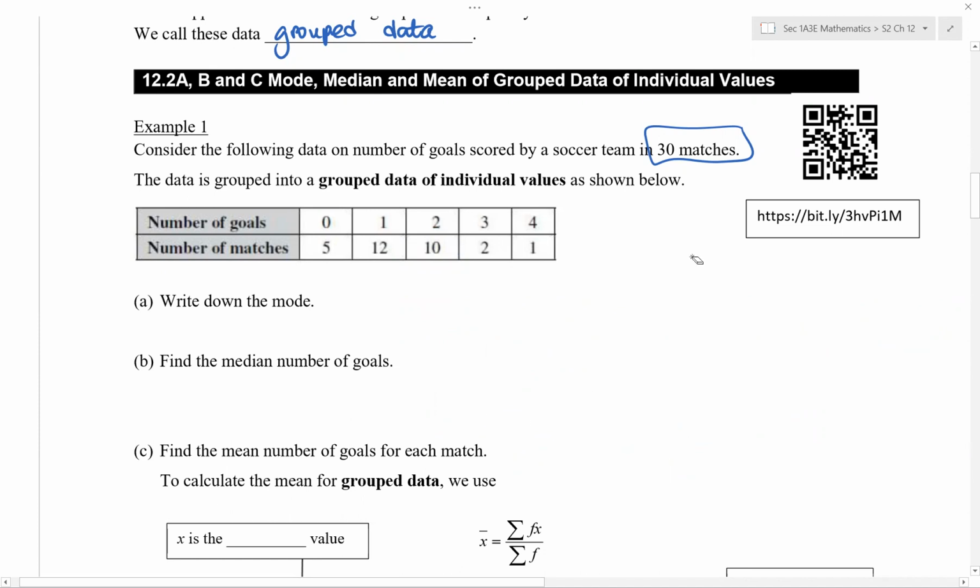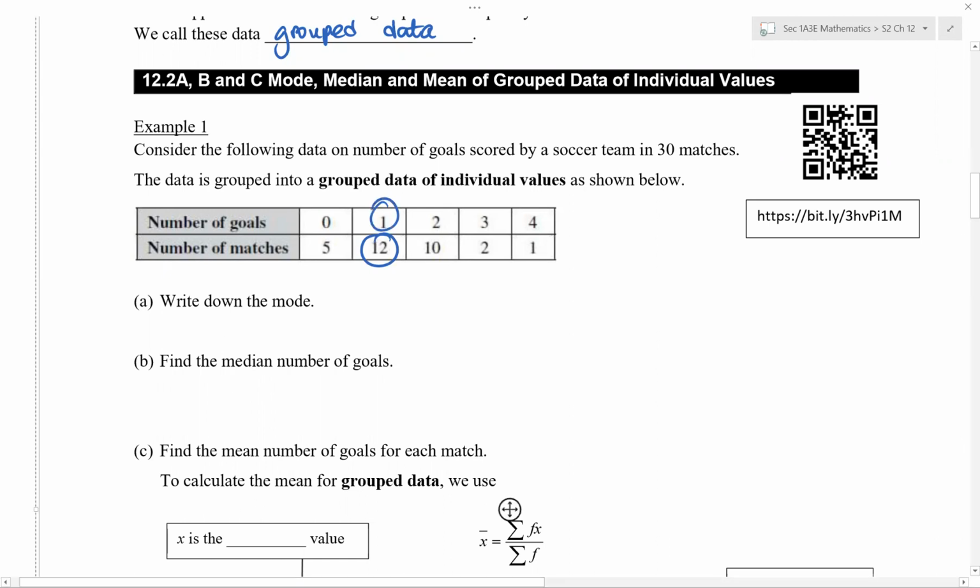Now that we understand what a grouped frequency table is trying to tell us, we can start with part A. Write down the mode. The definition of mode has no change. We are looking for the value that appears the most frequently. In this case, 12 is our highest frequency. And what is the value?